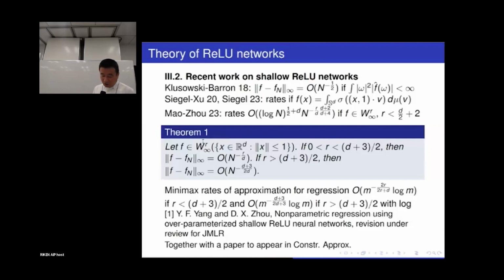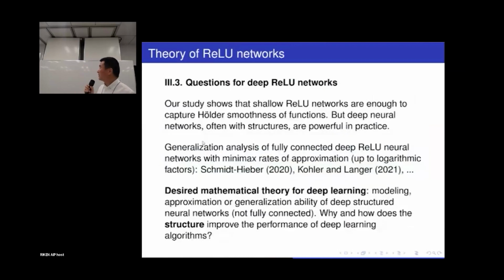So this shows that even though we only use one layer of hidden neurons, the approximation power is still pretty good. So it means that if you only want to extract the smoothness of the target function, actually you don't need many layers. One layer is good enough.